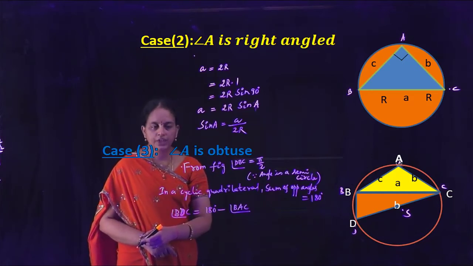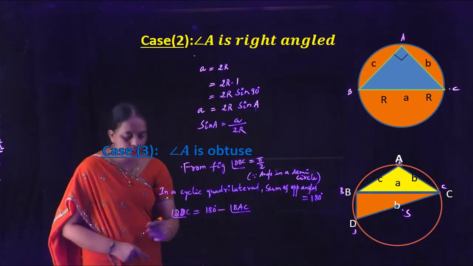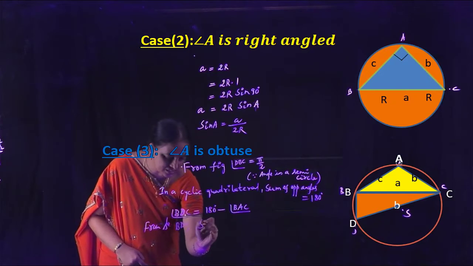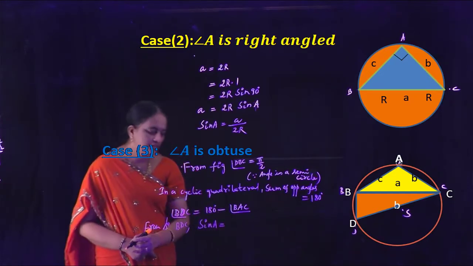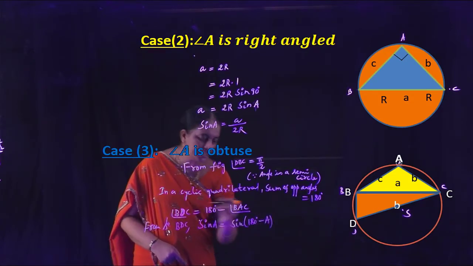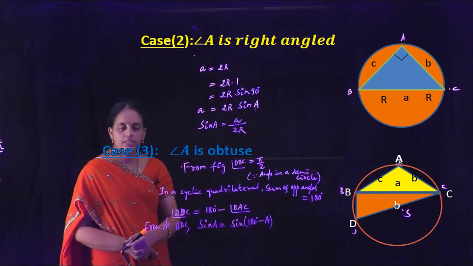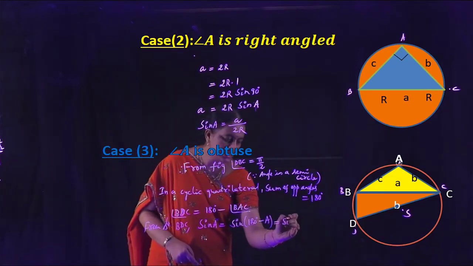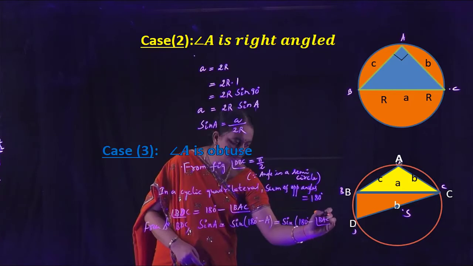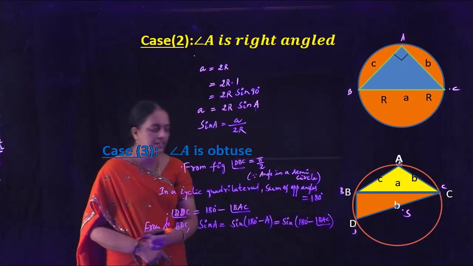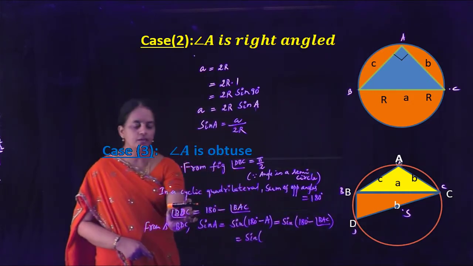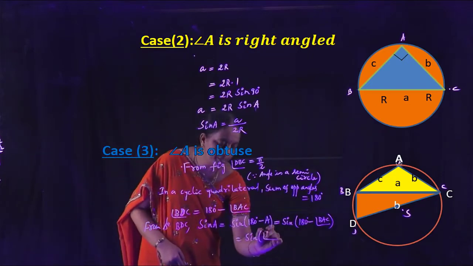So from the figure, from triangle BDC, sin A is equal to sin of 180 minus A, since sin of 180 minus A is also equal to sin A. So sin of 180 minus angle BAC is equal to sin of angle BDC.